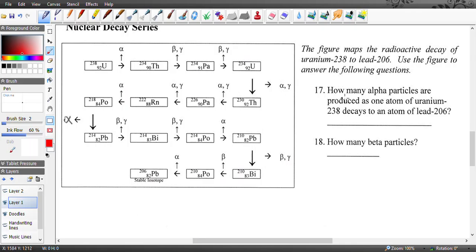Alright, so we're going to use this table right here to answer these two questions. When we're looking at the decay here, we have our alpha part. How many alpha particles are produced as one atom of uranium-238 decays to an atom of lead-206? So, in counting, we're going to count the A's.